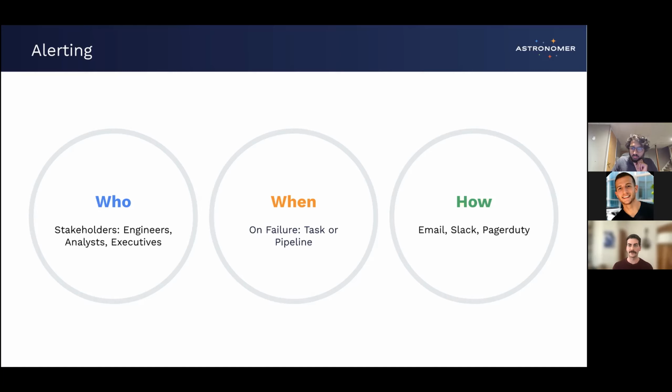Emailing on pipeline failures is built into DAGs, super easy to do, highly recommended, just as a fail-safe. Using the Slack or PagerDuty operators, you can send messages to specific people who are on call or just to Slack channels. And so then you can make sure that all the right people are notified as soon as these failures happen. And we make sure that the whole data ecosystem is accounted for in this way.